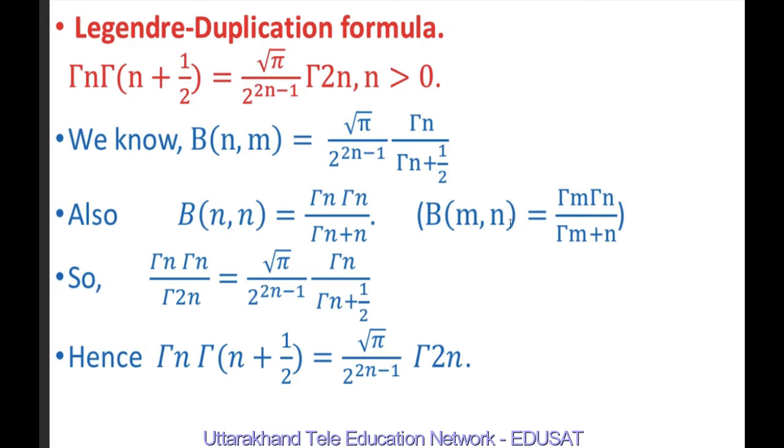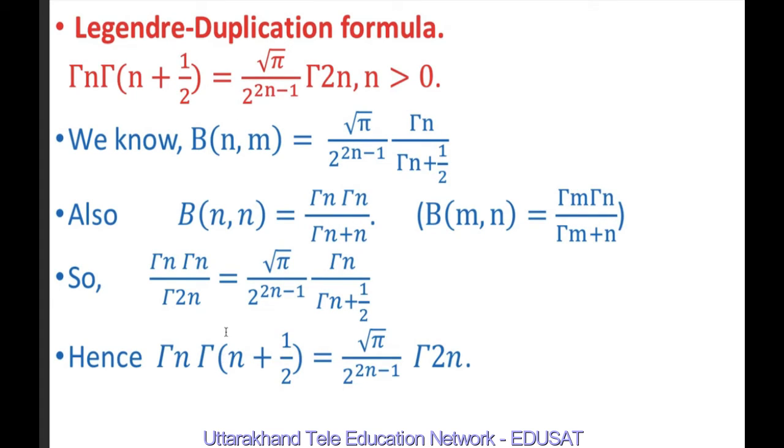If m is equal to n, then beta n n is gamma n gamma n upon gamma n plus n. So it means gamma n gamma n upon gamma 2n is equal to under root pi gamma n upon 2 raised to power 2n minus 1 gamma n plus half.